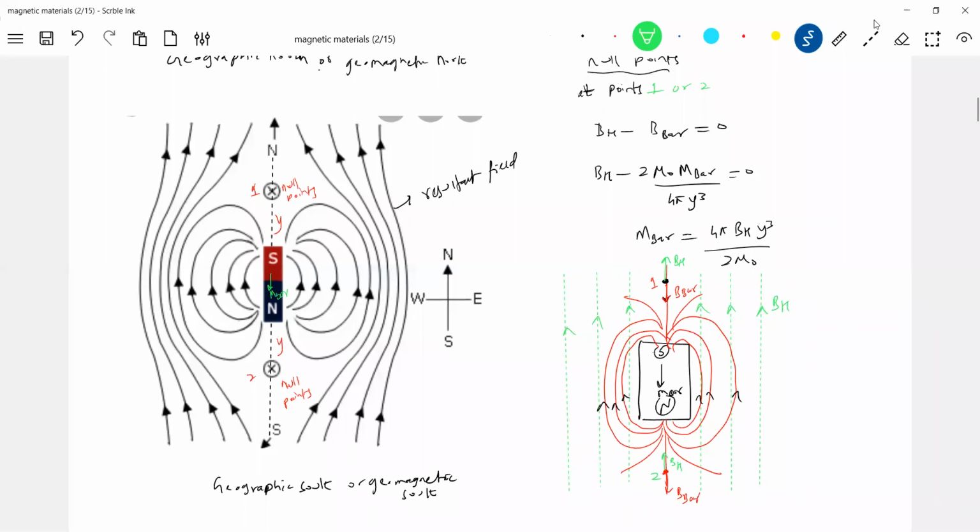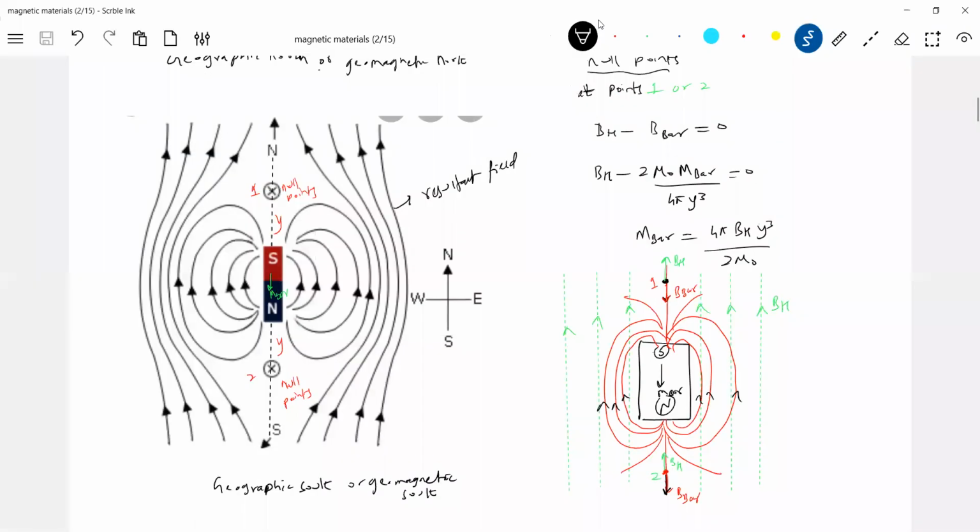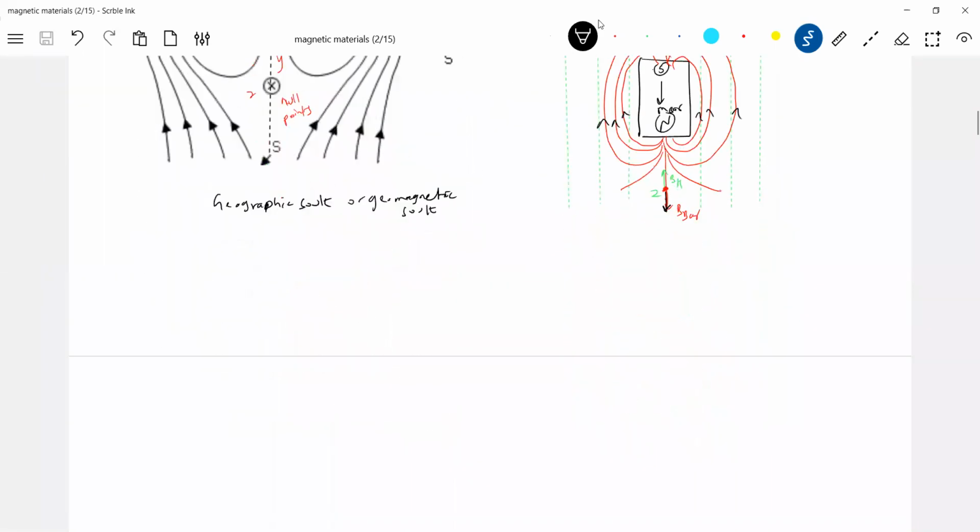Okay, fine. So these are some ways in which you must be able to cope with things here. They may test you with the direction of the resultant field. In SRM also some diagrams are given. Do notice that, it will be very important. I'll come to magnetic materials.